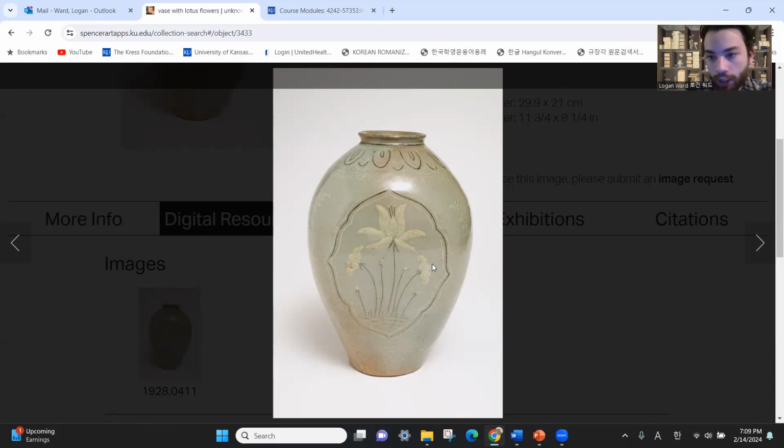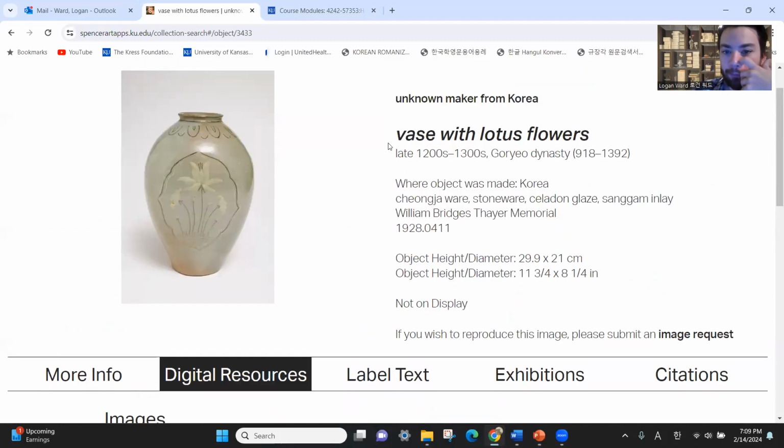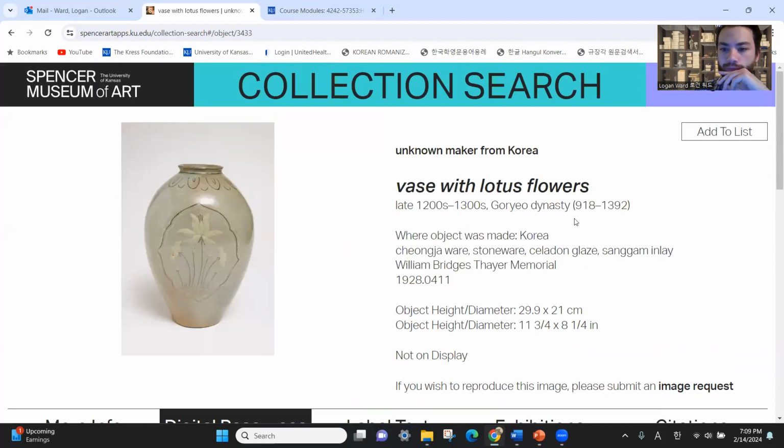So what's the technique used here? Inlay, yeah. So inlay is one word, so try and write it in one word. So it's very important to read the information on the museum website, because usually they'll tell you the technique, so you don't need to guess.